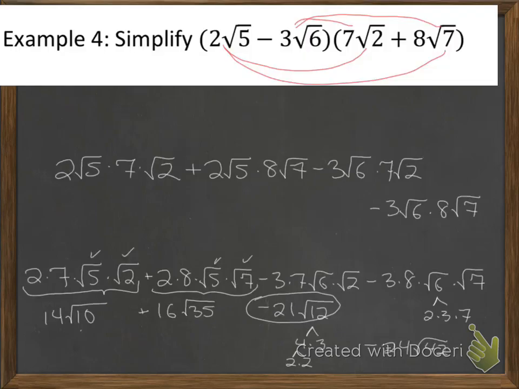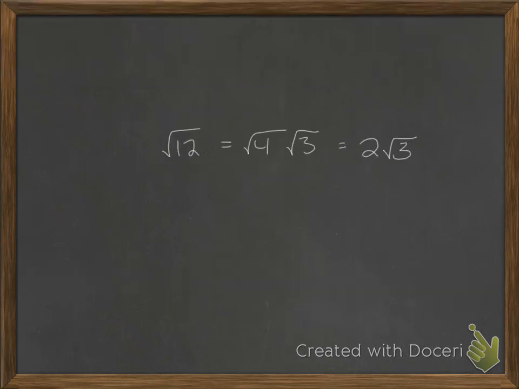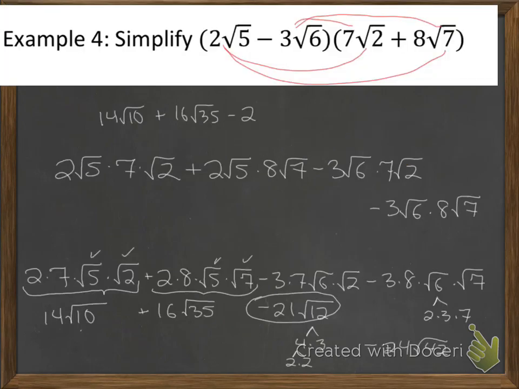So let's write our whole answer. We have 14 times the square root of 10 plus 16 square root of 35 minus 21 times, and remember this is what we're trying to change here, the square root of 12, and we said that the square root of 12 is actually 2 times the square root of 3. I'll put it in a different color to bring attention to it.